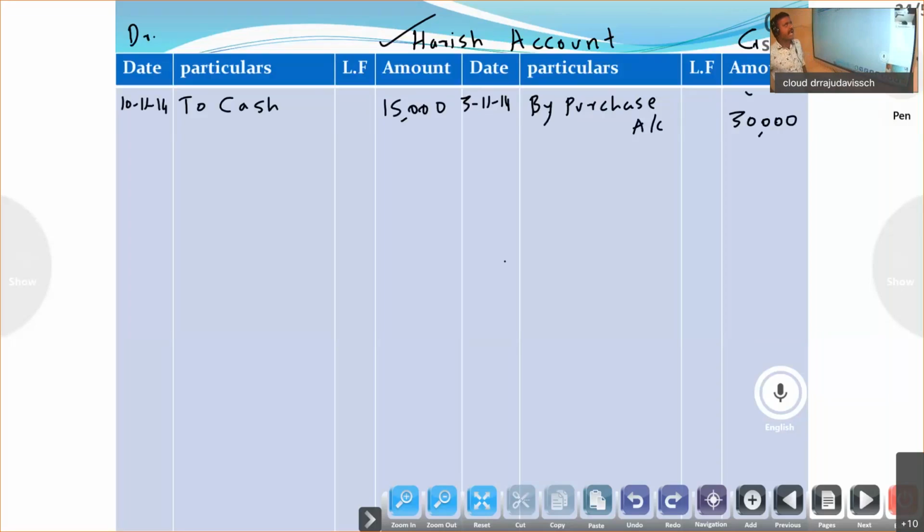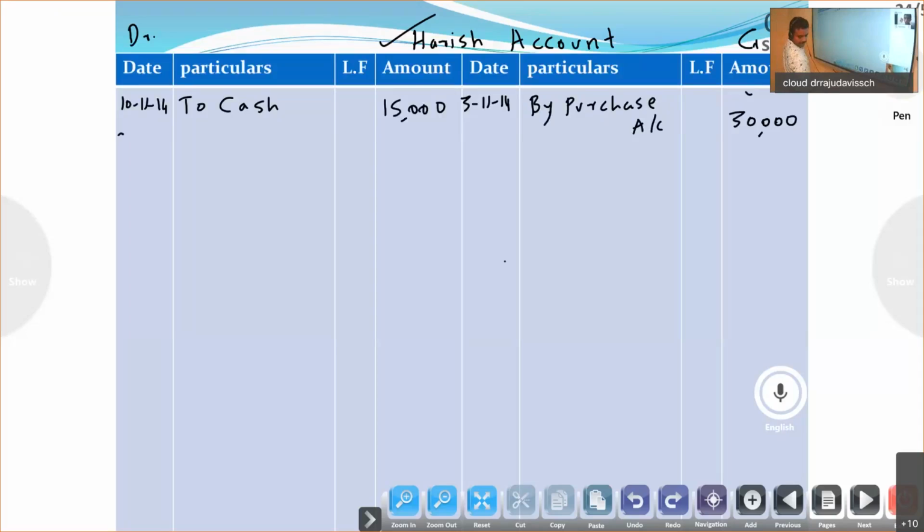Then any other transaction related to Harish? Yes, sir. 22. So where I have to write, debit or credit? I am preparing Harish account.